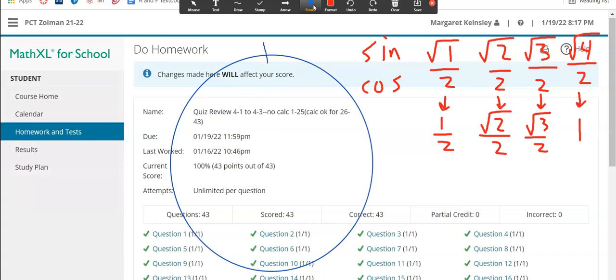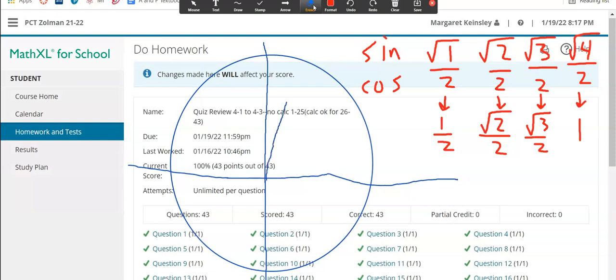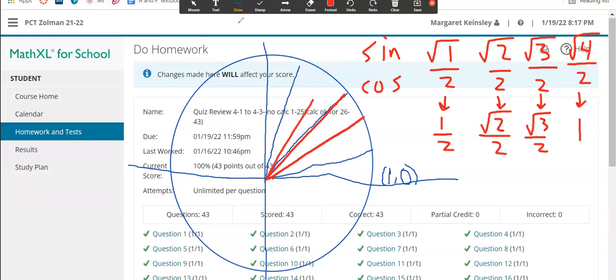Okay. Nice. And then I know it goes like this. I like the one in the middle, right? That's 45 degrees. It's not drawn to scale, but I just know there's 3 lines.